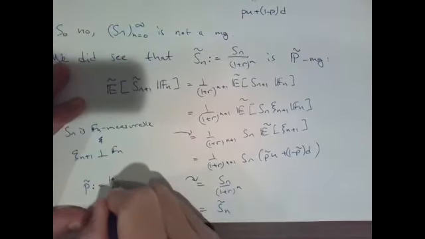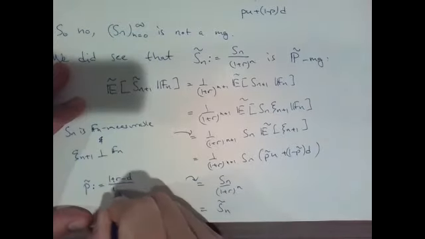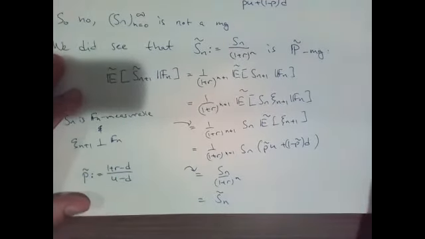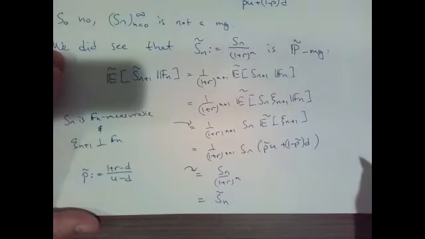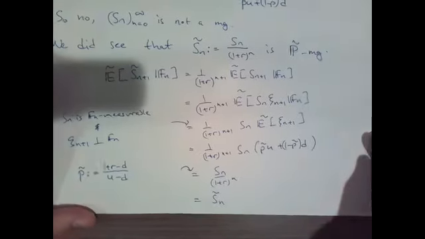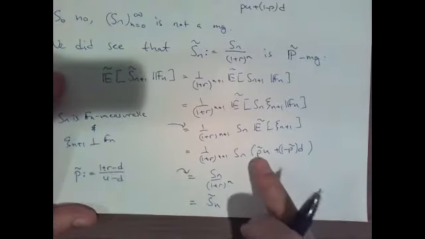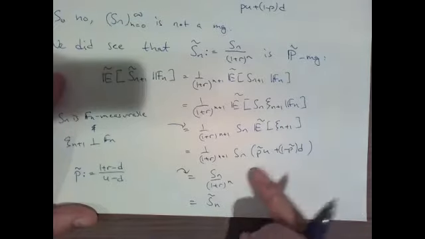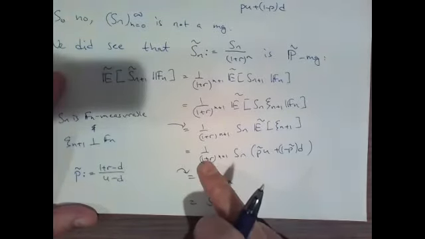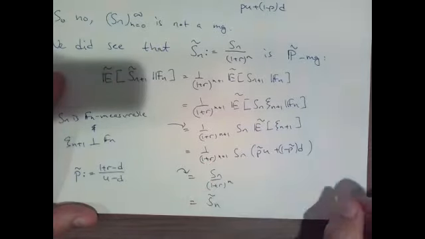It's 1 plus R minus D divided by U minus D. Take that formula and plug it in here, and it cancels out 1 divided by 1 plus R here.